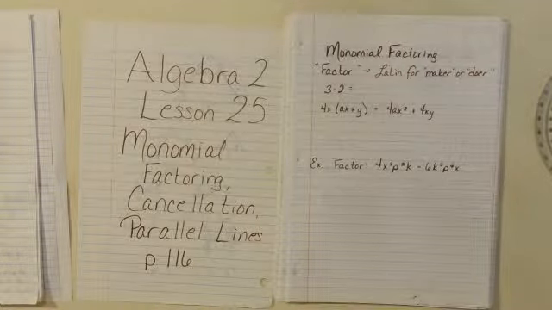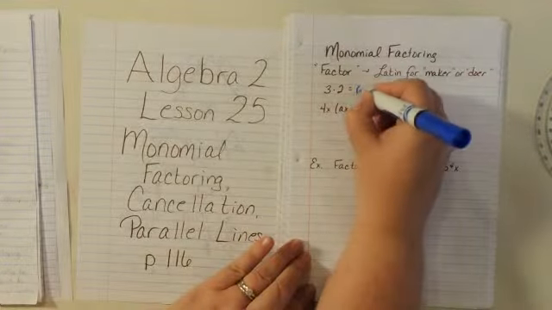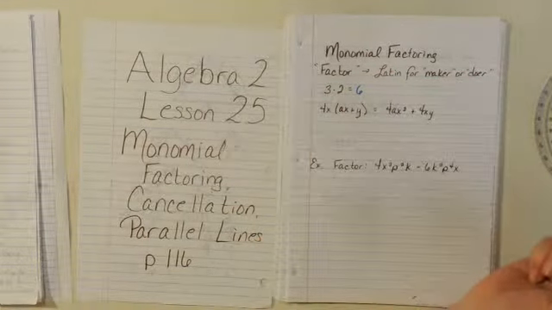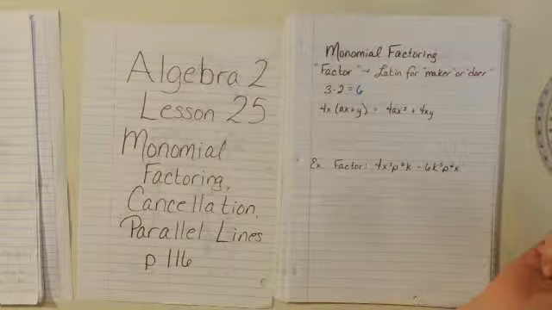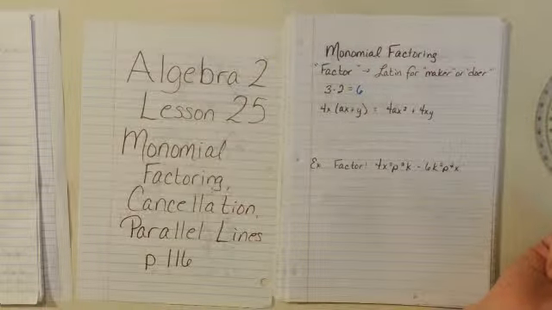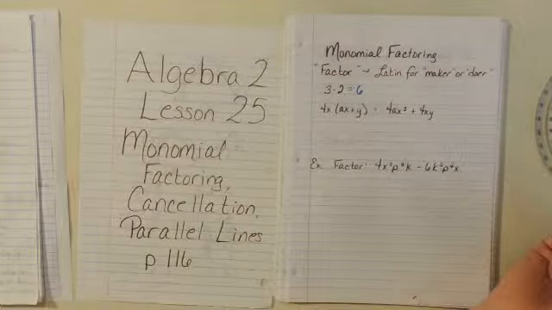Factor comes from the Latin word for maker or doer. If we multiply 3 times 2, we get 6. We say that 3 and 2 are factors of 6 because we can make 6 by multiplying those two numbers. If we can make an expression by multiplying 2 or more other expressions, we say that each of the expressions that we multiplied are factors of the final expression.